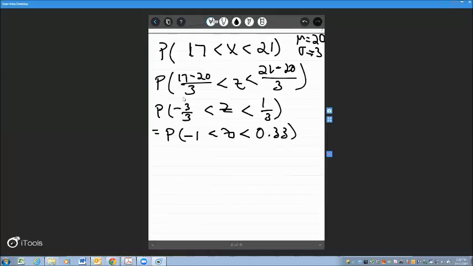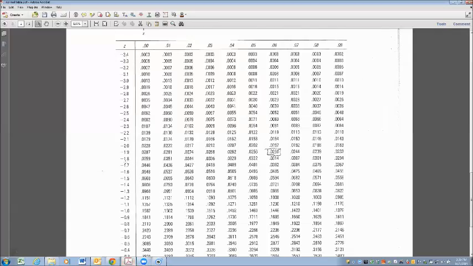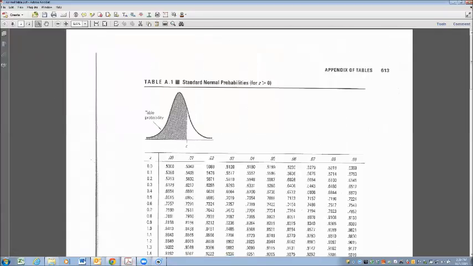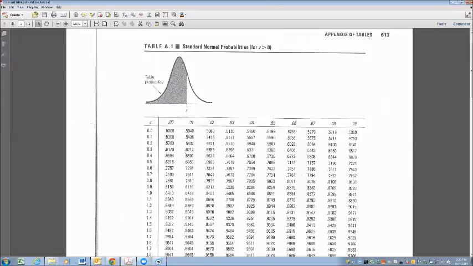In order to use the table, I will have to round this to 2 decimal places. So in the table, I would get the probability that z is less than 0.33 minus the probability that z is less than -1. So we can go to our table, and I'll get 0.33 has a probability of 0.6293.